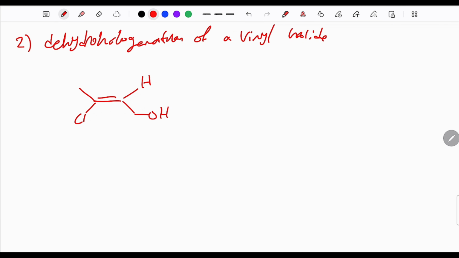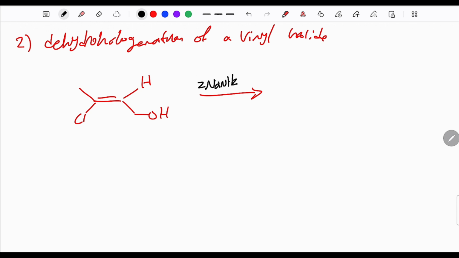And by the way, this is an important step to point something out here. A vinylic halide is less reactive, so a strong base is required for this reaction, something like sodium amide, right?